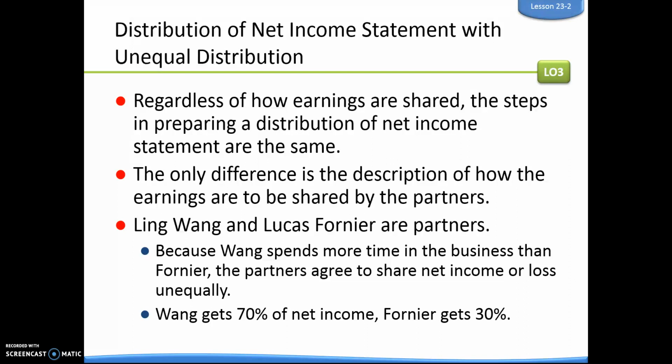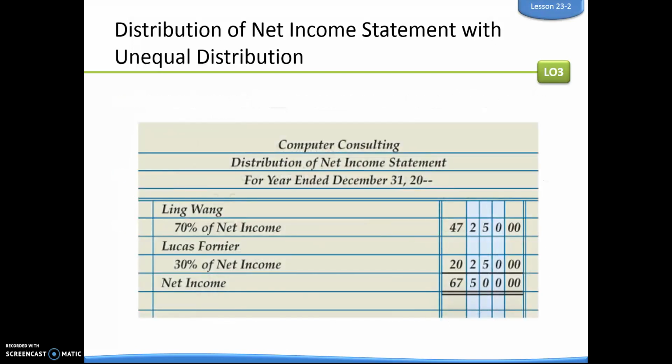So in another example, Ling Wang and Lucas Fournier are partners, and because Wang spends more time in the business than Fournier does, the partners have agreed in their partnership agreement to share the net income or loss unequally. The agreement says that Wang gets 70% of the net income and Fournier gets 30%. So what that looks like is the heading is the exact same.